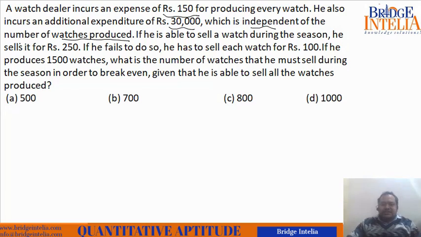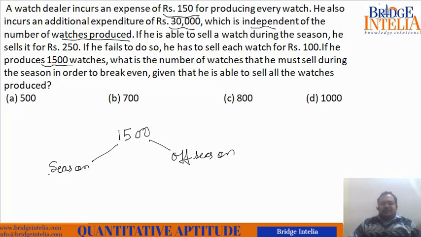How many watches were made? 1500 watches were made. So these 1500 watches were sold either during season or off season. If you sell during season, the customer is paying you rupees 250.